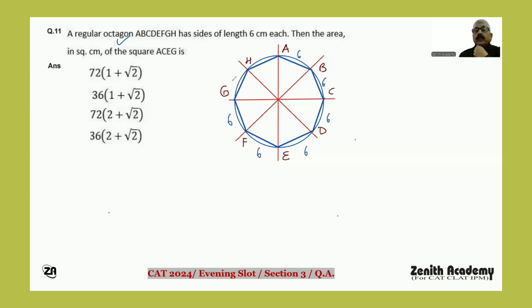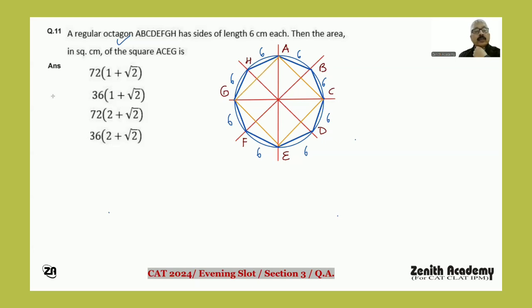We all know this. And then the area of the square ACEG means we have to find the area of a square like this: AC, CE, and EG, and this.